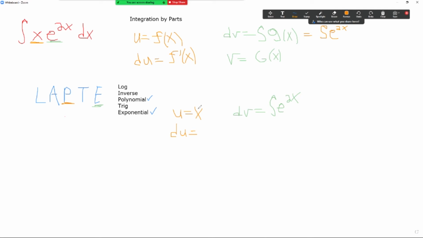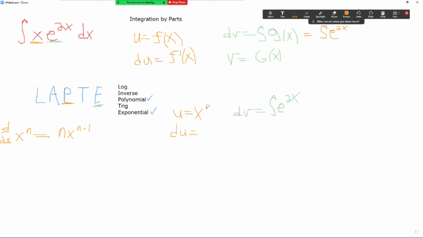We want to put a little side note here. This is not an antiderivative, this is just a note. Whenever we take the derivative of a polynomial, whatever power is raised to, you bring down, and then you subtract 1 from that power.